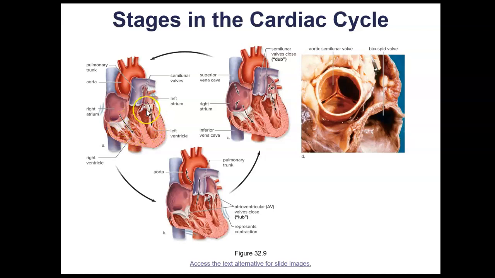And then these AV valves are going to close. The tricuspid and bicuspid valves are going to close. Okay. So it happens in stage B. So in stage A, the blood is flowing into the ventricles through those open AV valves, but the semilunar valves are closed.